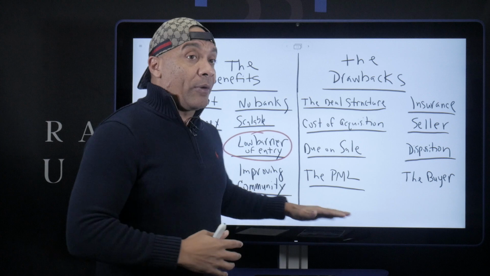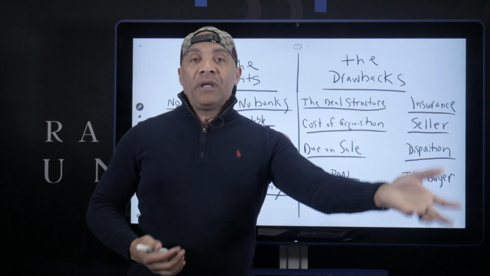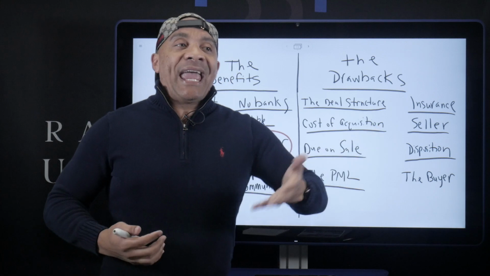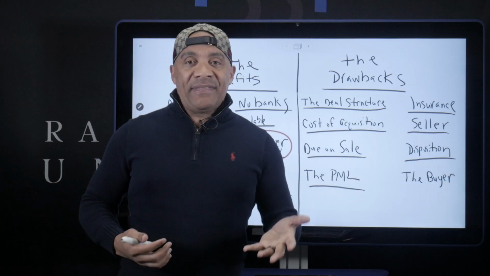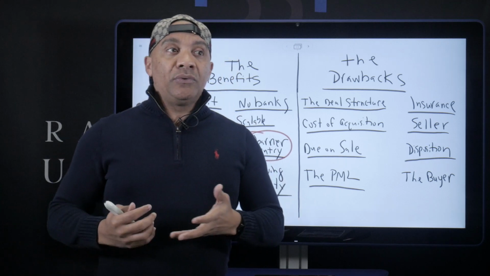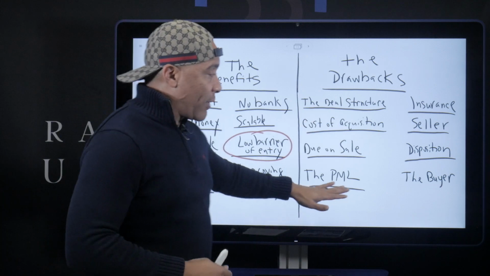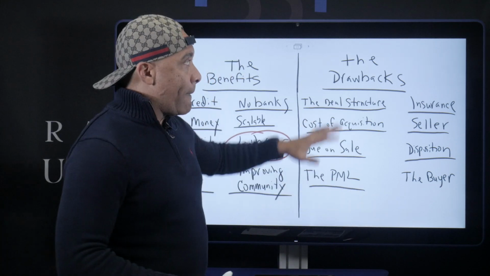And that can be a drawback because maybe they don't want to stay in that deal as long as you may have to keep them in that deal, or maybe they're not willing to give you the money that you need to acquire the property. So the private money lender can be a drawback.